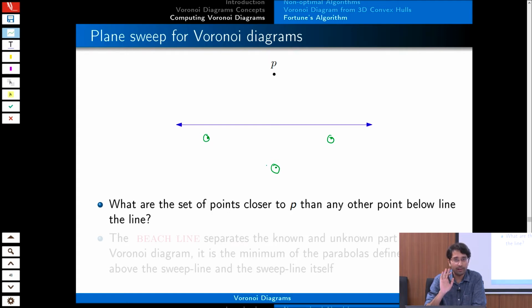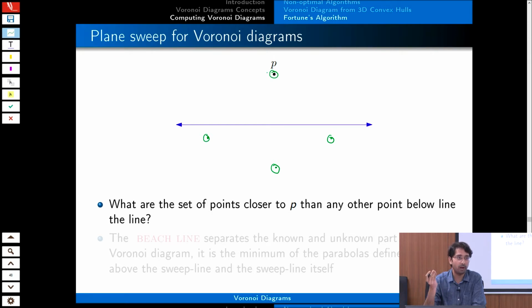So, in other words, we are looking for a locus of a point which is equidistant from P and the sweep line. What is the locus of a point equidistant from a point and a line?